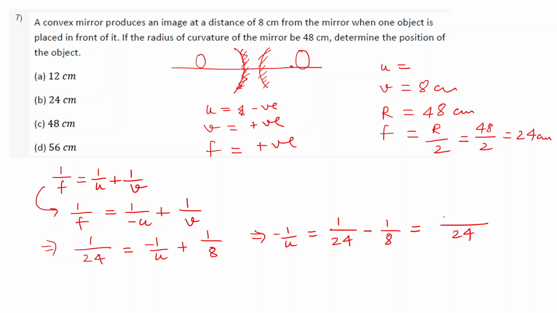So this will give 1 minus 3, which will be minus 2 divided by 24. This minus will be gone. So we'll get u is equal to 24 divided by 2. That will be 12 centimeter. And this distance is positive.